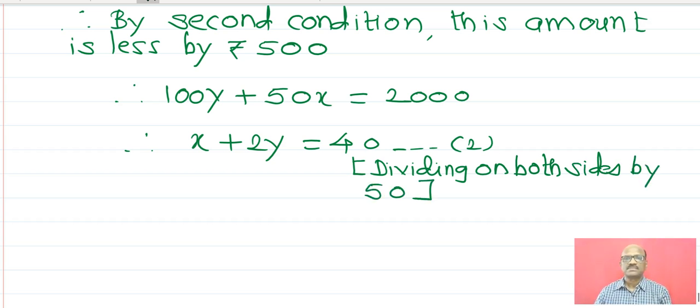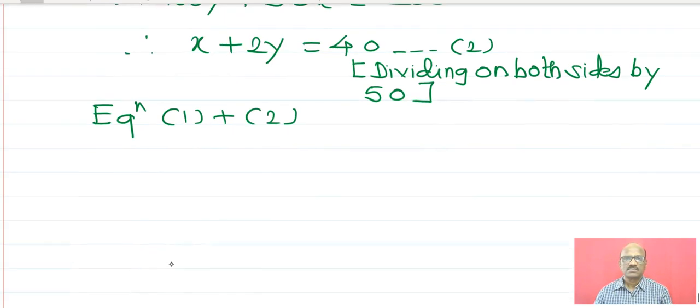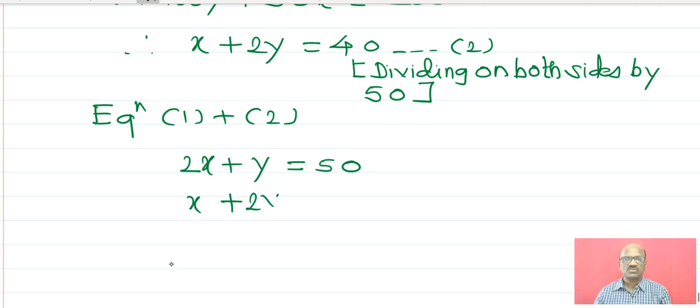Next, equation 1 plus 2. That is 2x plus y is equal to 50 and x plus 2y is equal to 40.